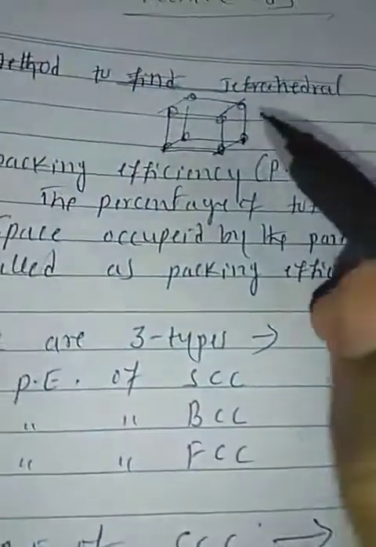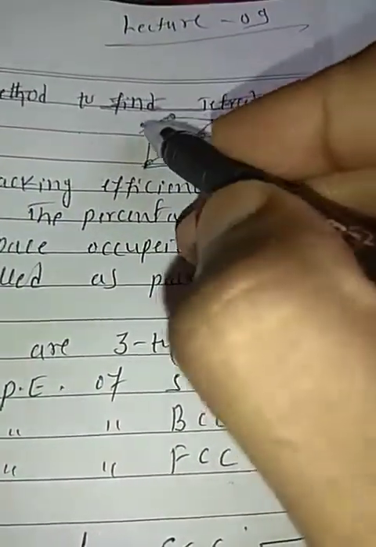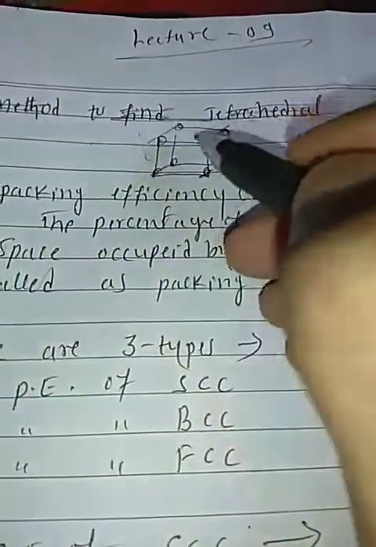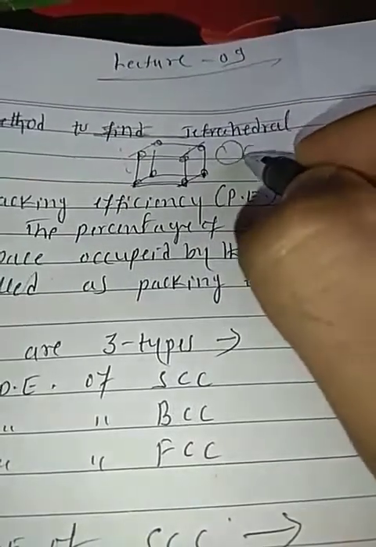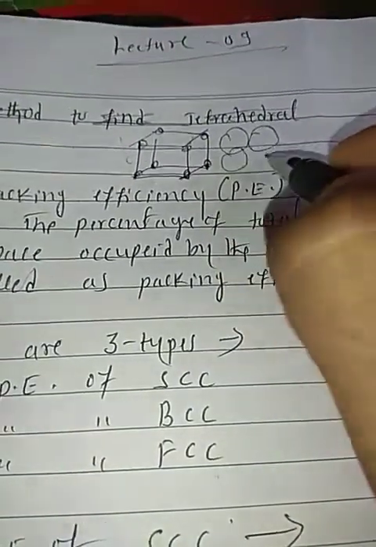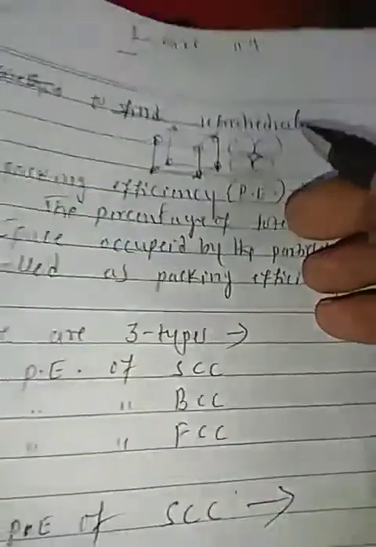Right, students? Each corner atom is contributing 1 by 8 part. After contributing 1 by 8 part, how compactly they are bonded and how much empty space is present.